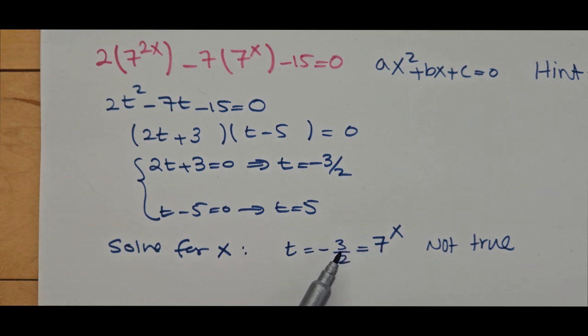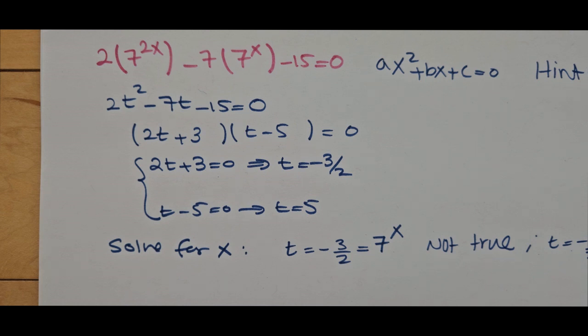So negative 3 over 2 is equal to 7 to the power x, which is not true, and you will see later, because 7 to the power x is always greater than 0. So t equal to negative 3 over 2 is a rejected answer.